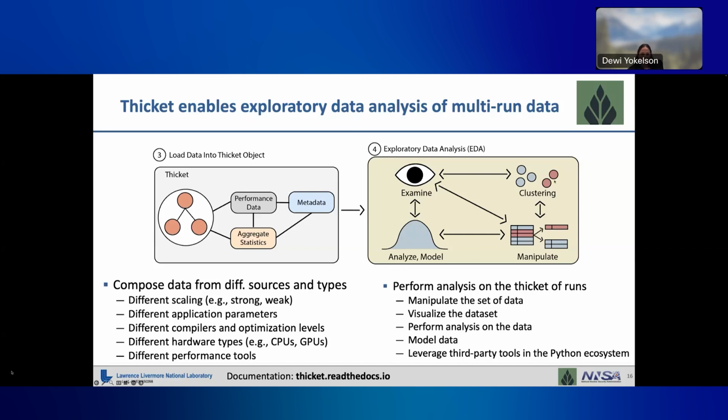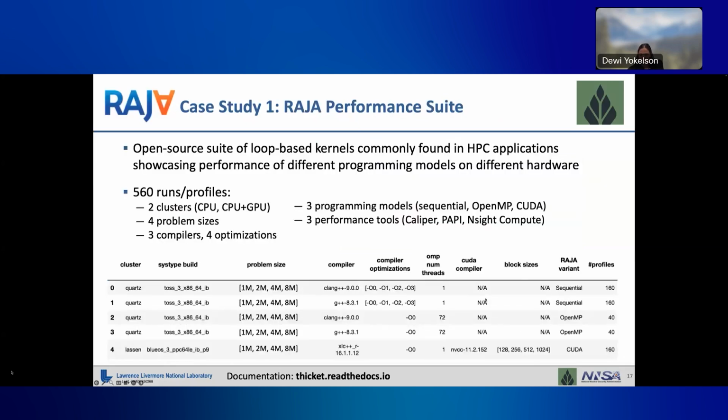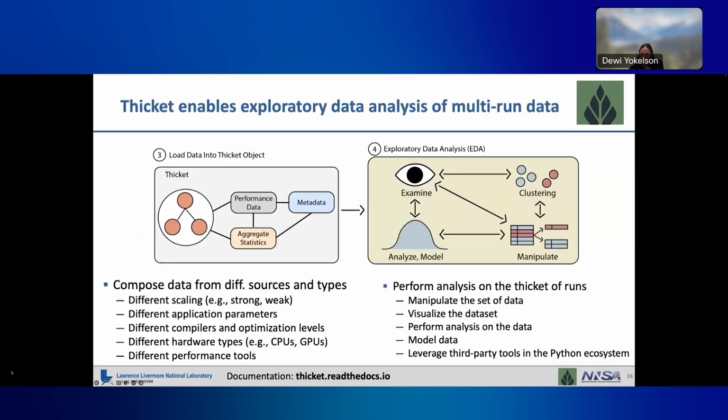We're actively developing Thicket, and as requests come in for other functionality, we're constantly adding to the capabilities here on the performance analysis side. We'll go over some of them today, but just know that if there are things you're interested in that we don't support yet, we always welcome requests and love to hear what you all need.